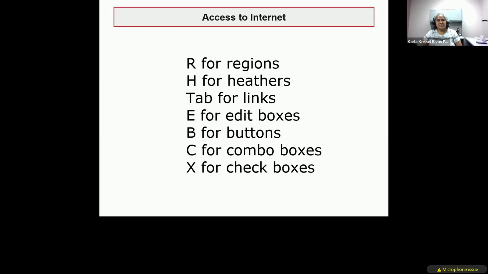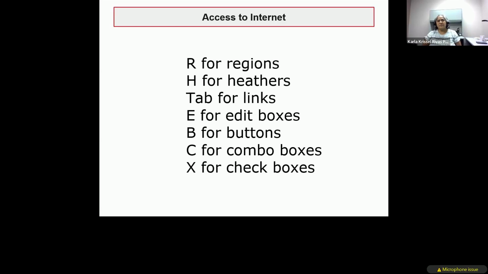When accessing the internet, we will continue using the reading commands we learned to read the information that is on the internet. But typically, you only will type if there is a form field that you have to complete. Otherwise, when you navigate the internet, it's just in review mode.